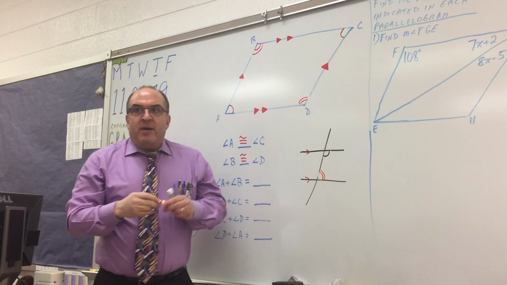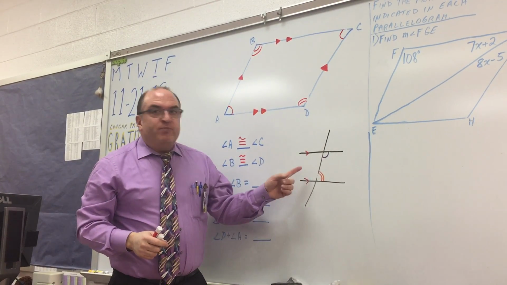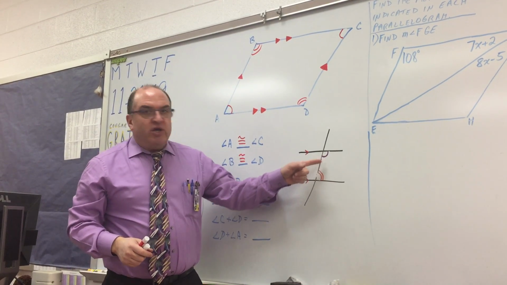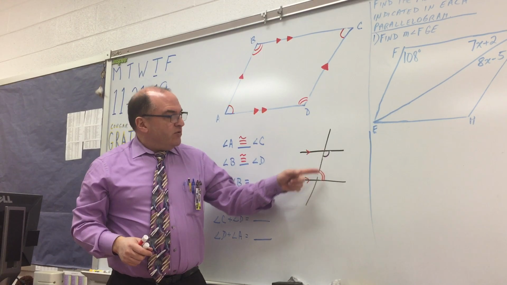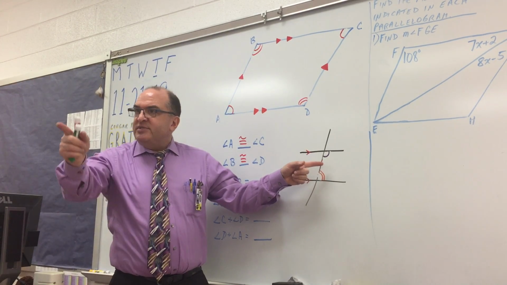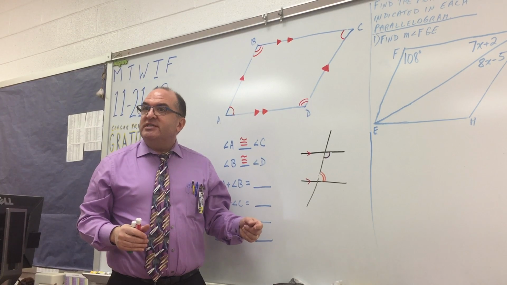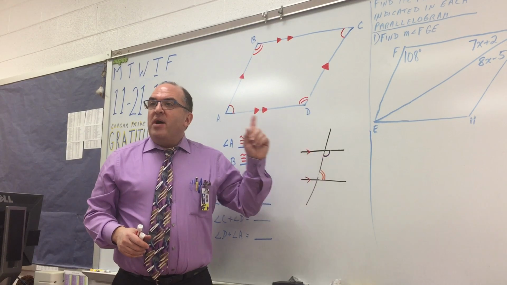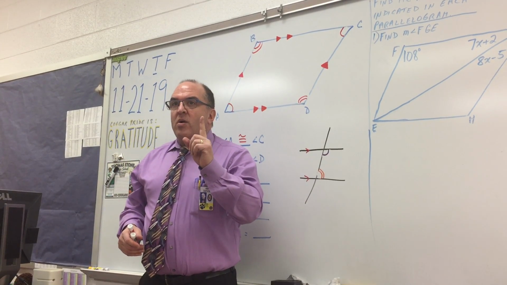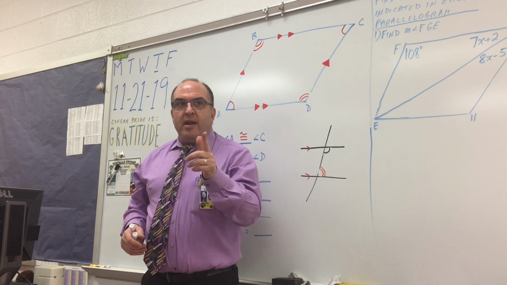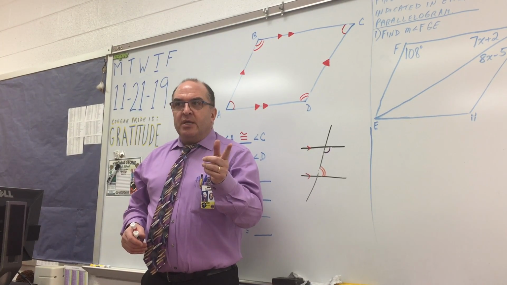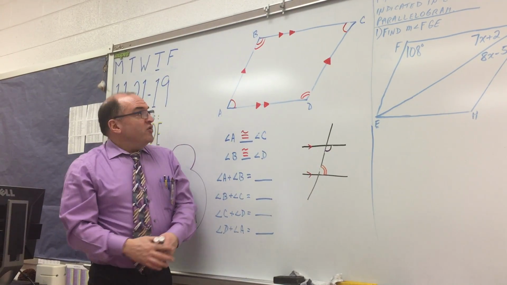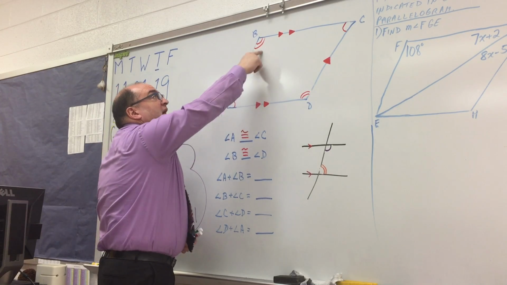Now, do you remember once upon a time, if you have two parallel lines cut by a transversal, these two angles, do you remember what they're called? They're called same side interior, otherwise known as consecutive interior. Are they equal? No. But they what? Add up to 180. Thank you, JJ. So what about angle A plus angle B?